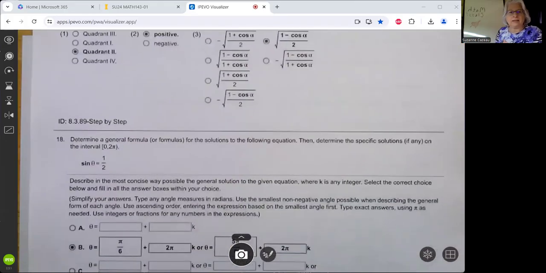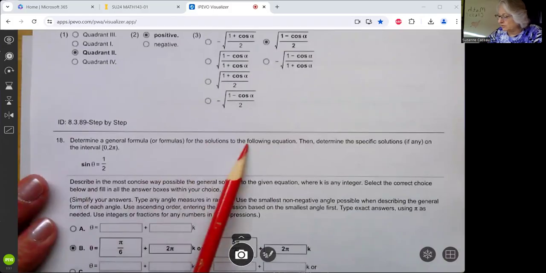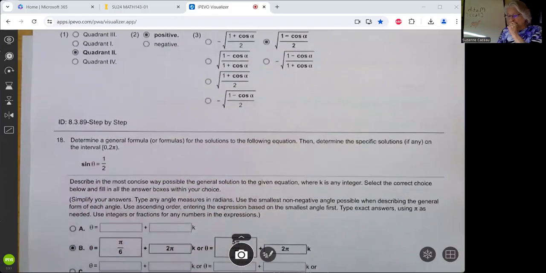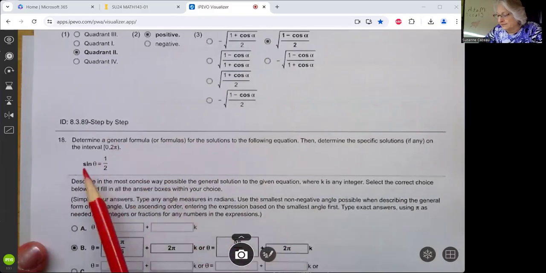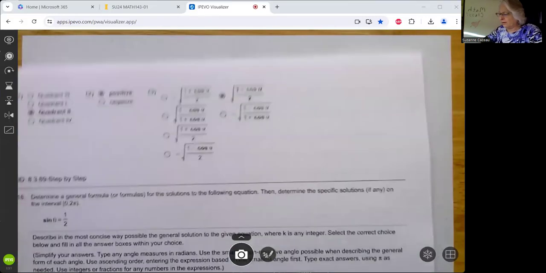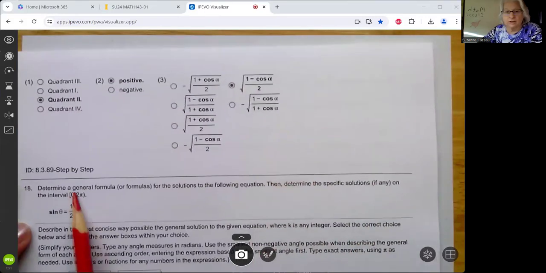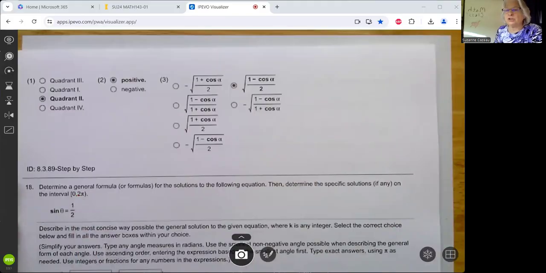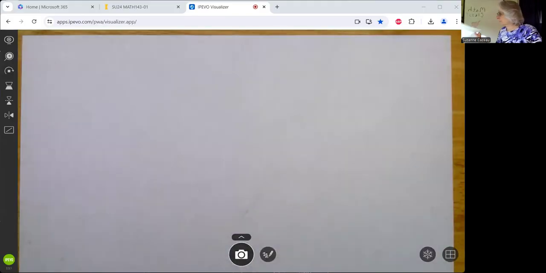Number 18. Determine a general formula or formulas for the solutions to the following equation: sine of theta equals 1 over 2. And of course, we also want the specific solutions on 0 to 2 pi.